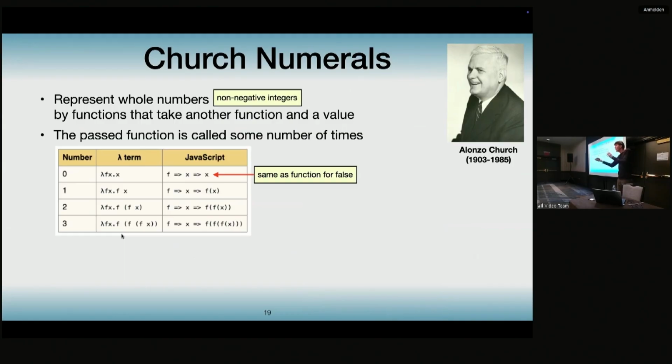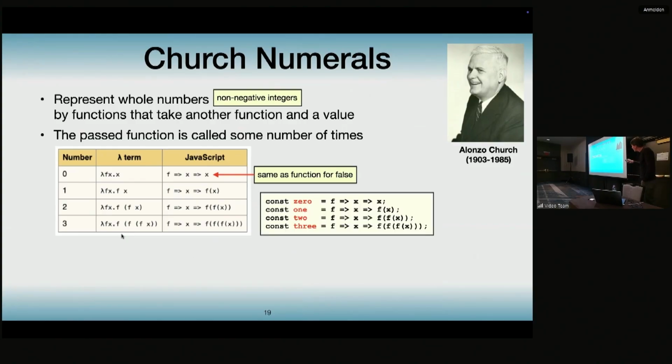And if you call the function, passing it the value, get that result, and then call the function on that again, that's 2. And it just continues on from there. And so you can see in this table here that, of course, this is the function for 3 because it called the function I passed in 3 times, beginning by passing it that arbitrary value that I gave it. So these are called Church numerals.